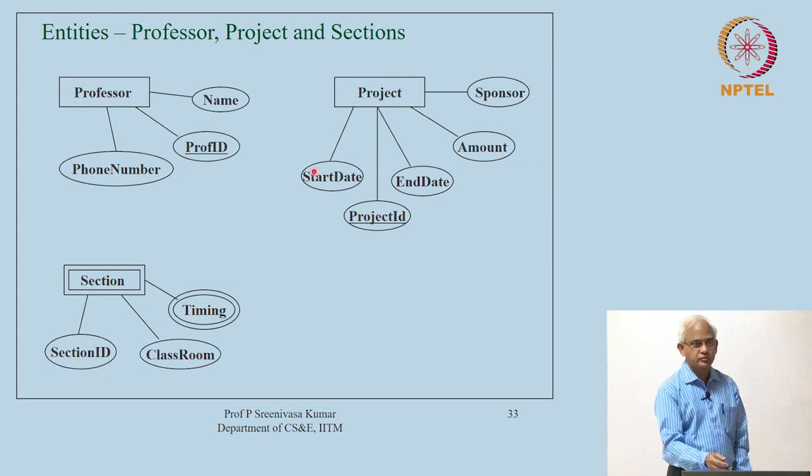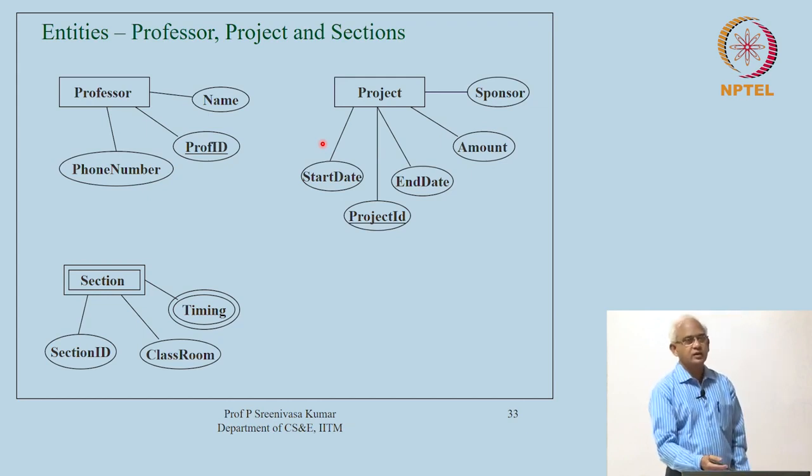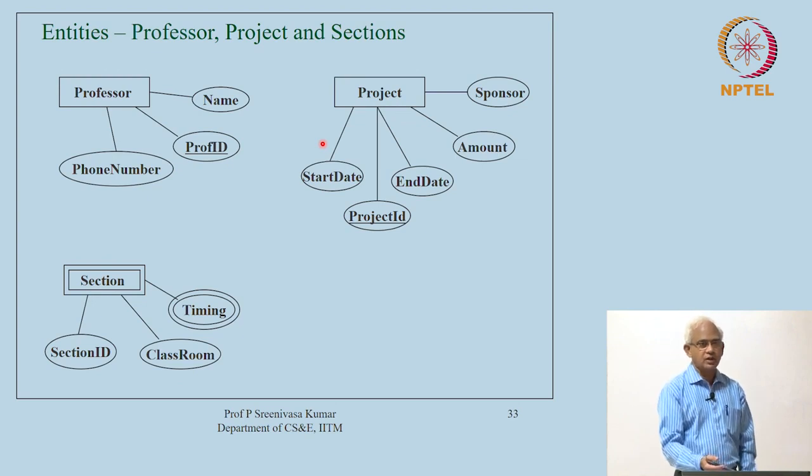Let us say our information system was supposed to keep track of that information also. If that is the case, then it makes sense to model the classroom as an entity, because we have a lot more information to keep track of, and once the classroom becomes an entity, we can create a meets in relationship and connect the section with that classroom entity. But in the specifications that we have, we are not keeping track of a lot of other information about classroom, and so we have chosen the route of modeling it just as an attribute.